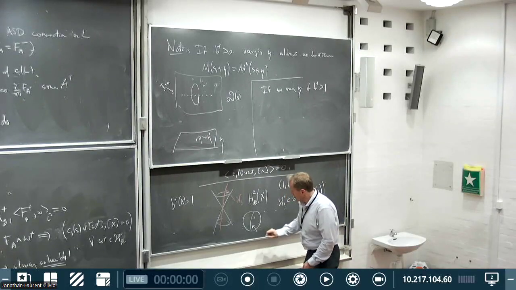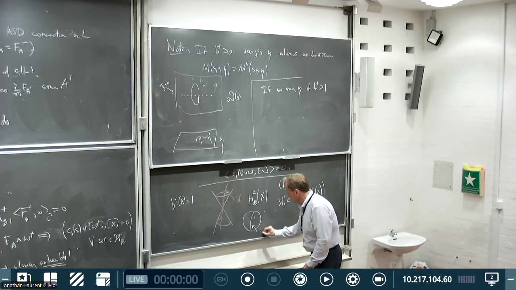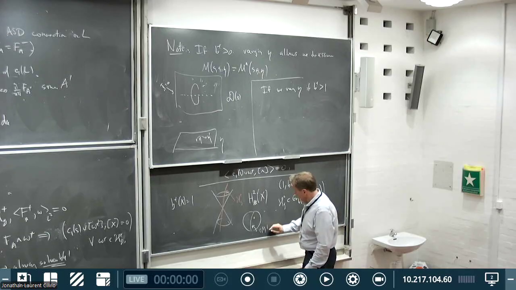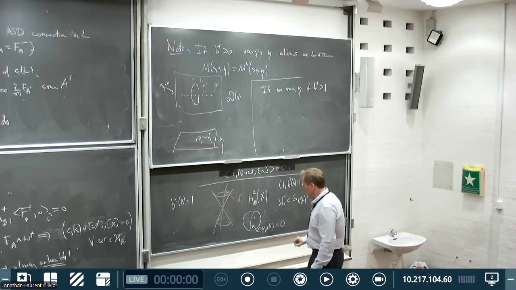That's where C1 is cut with these potential guys to be 0.